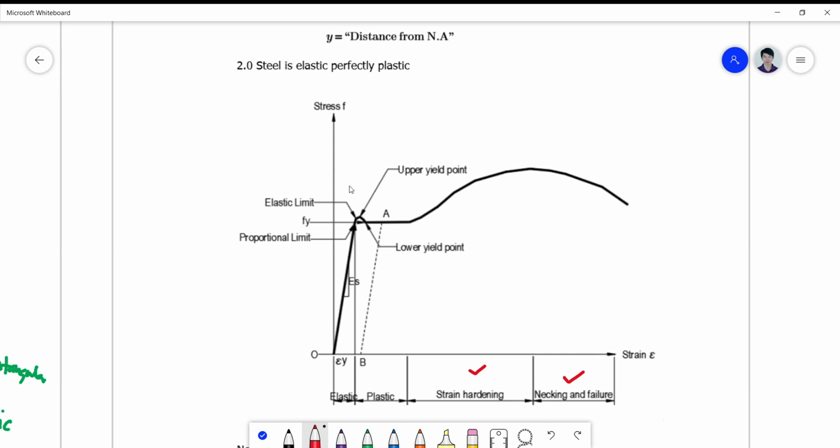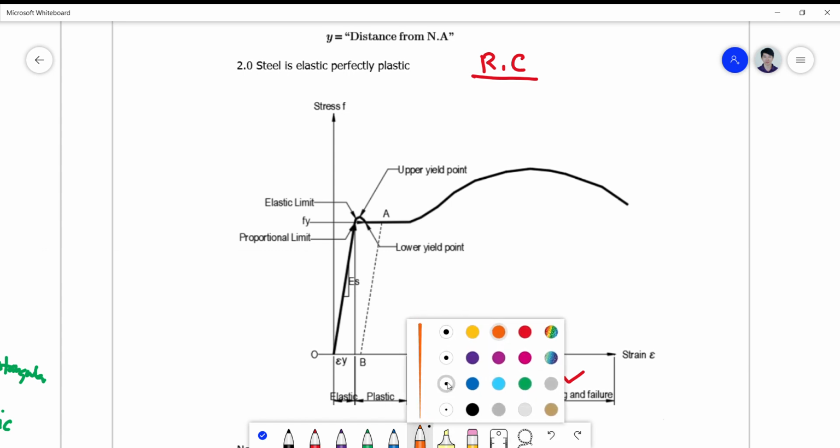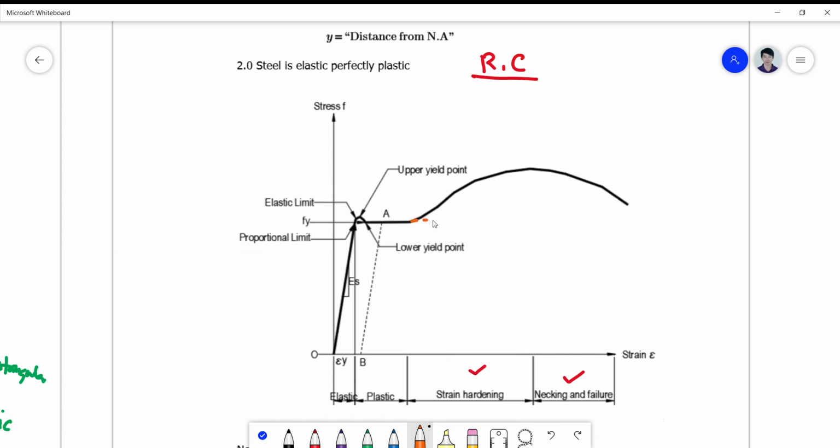So our assumption for reinforced concrete is that your steel is just a bilinear plot of an elastic line and a plastic line. So this is simply approximated in terms of a straight line that can reach a value of infinity.